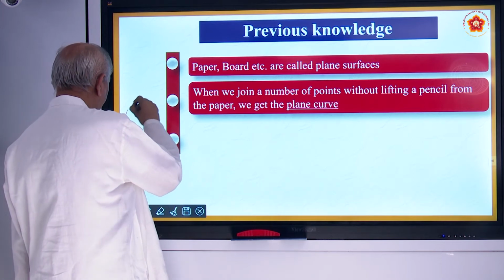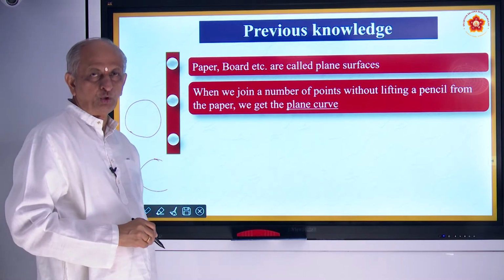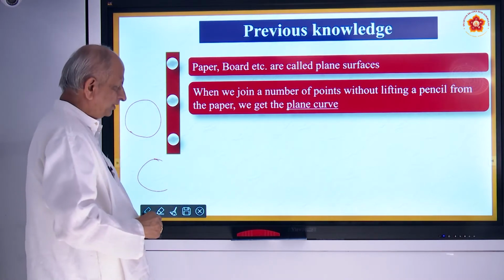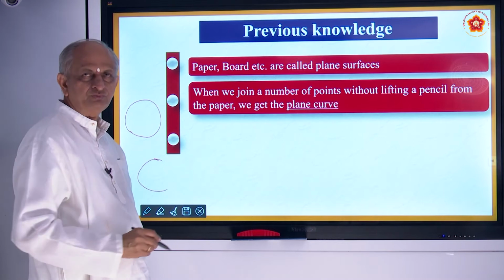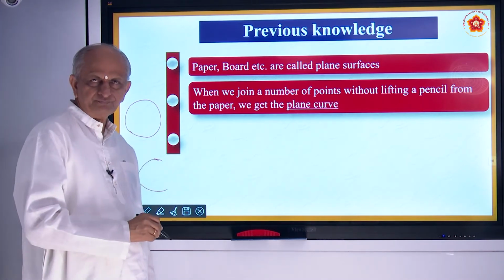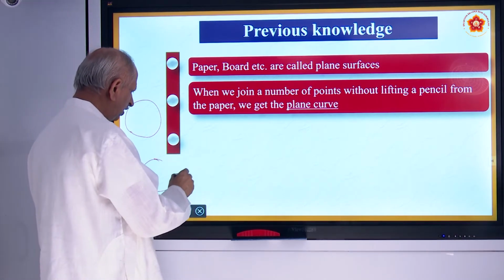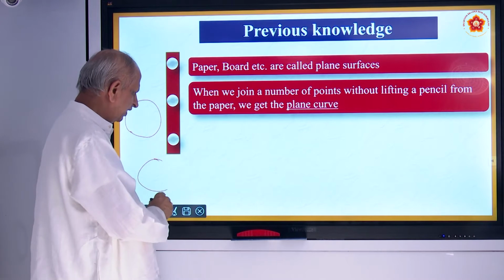Suppose you draw like this. This is called a closed curve. And why is it called a plane curve? Because it is drawn on a plane. So, all the curves drawn on a plane are called plane curves.